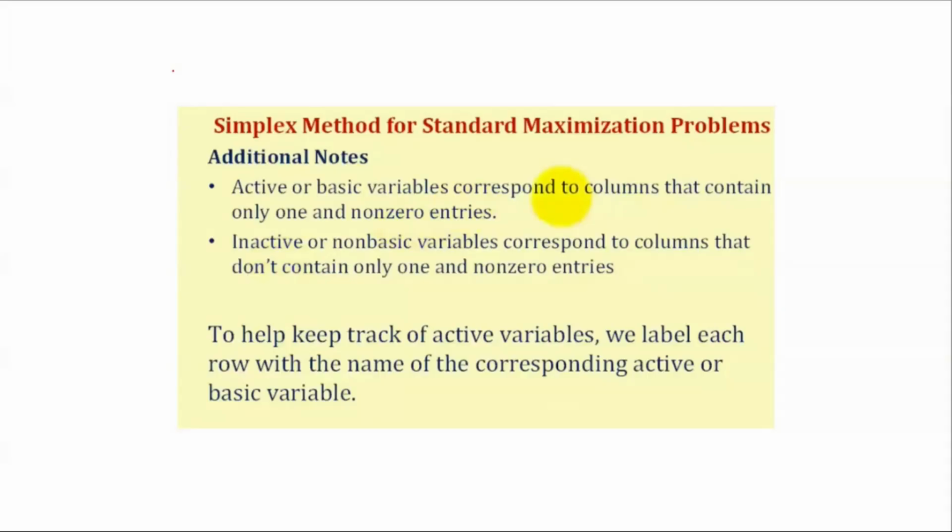And inactive or non-basic variables correspond to columns that don't contain only one non-zero entry. And they're telling you to label things so that you can track them. All of this is only going to make sense when you see the example.